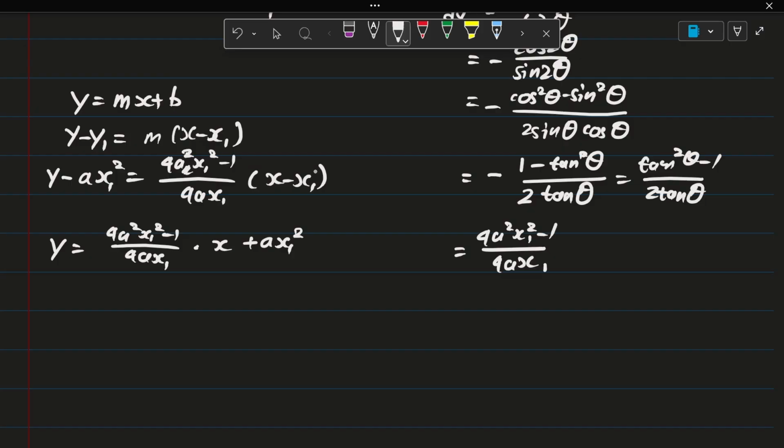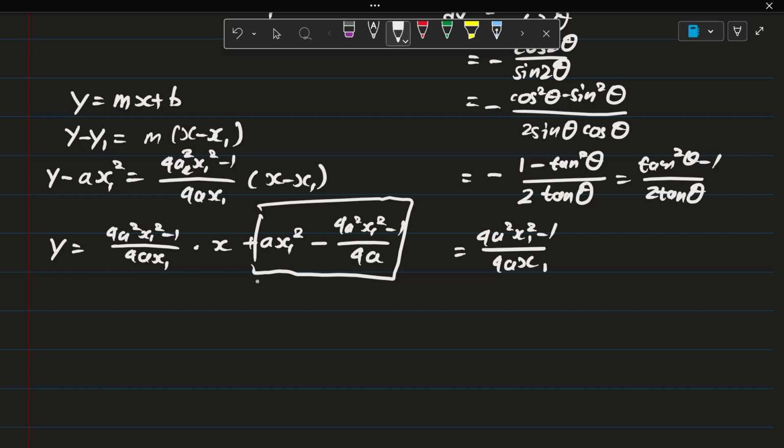So this will be minus 4a squared x1 squared minus 1 over 4a. Now here's something that is mind-blowing. If you observe only this part and try to simplify it, you would have ax1 squared minus ax1 squared again plus 1 over 4a. You could cancel out the ax1 squared. So what you would have is this 1 over 4a.